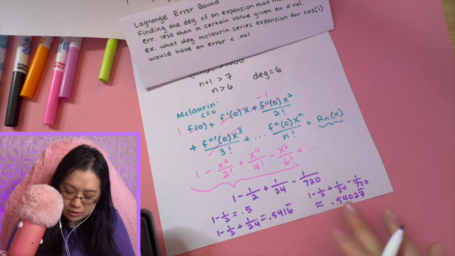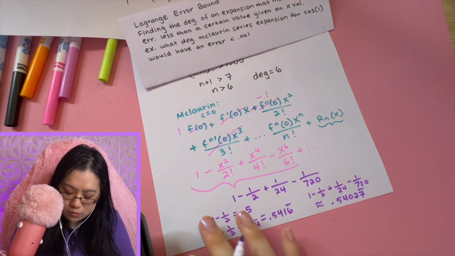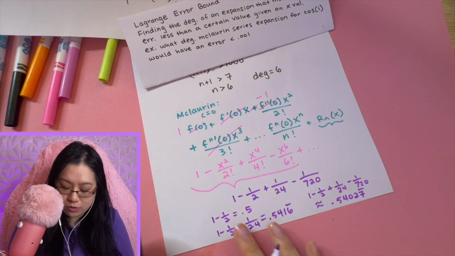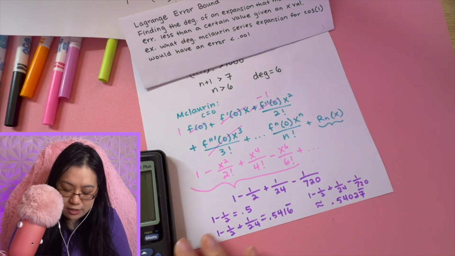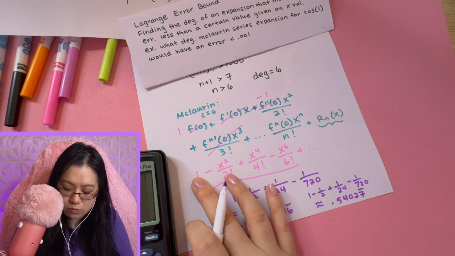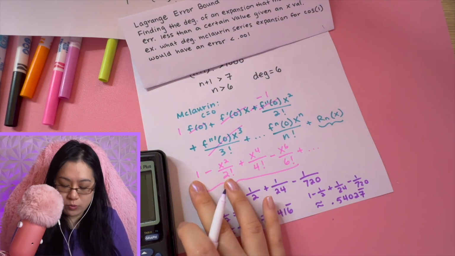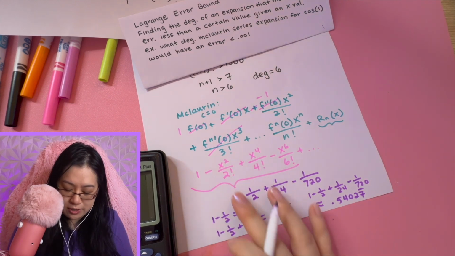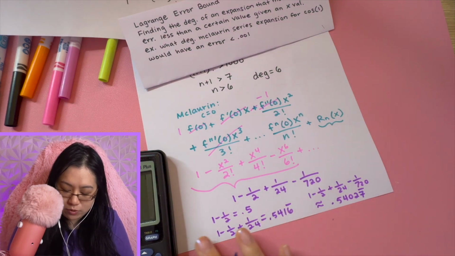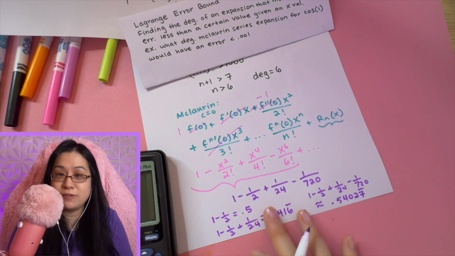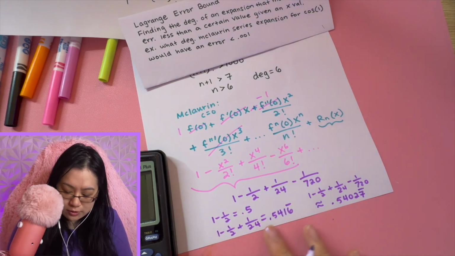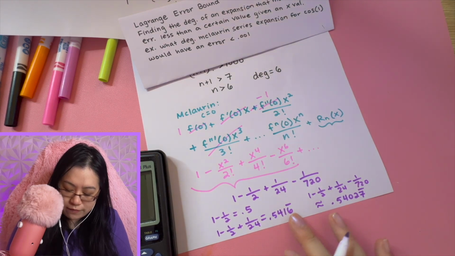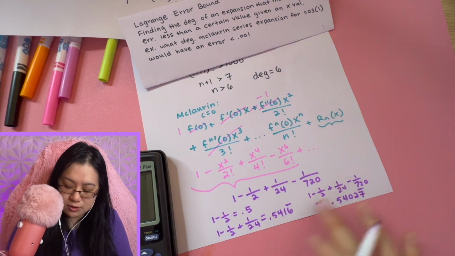But these are the approximations that we get for order 2, 4, and 6, and then order 1, 3, and 5 are going to be the same. So order 0 is going to be 1, order 1 will be 1, order 2 will be 0.5, order 3 will also be 0.5 because you're just adding 0, order 4 is going to be this, order 5 is also going to be this, and order 6 is going to be this.